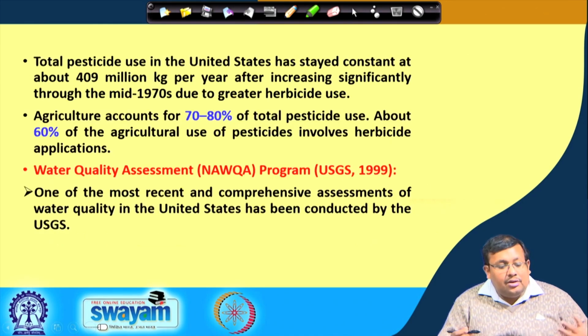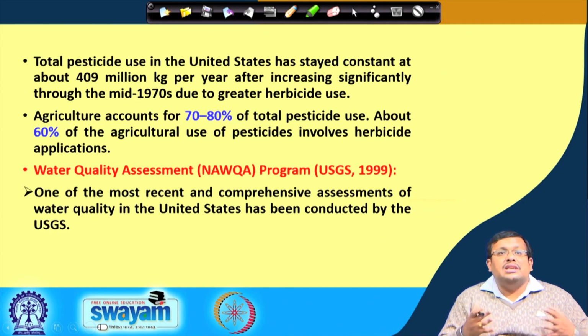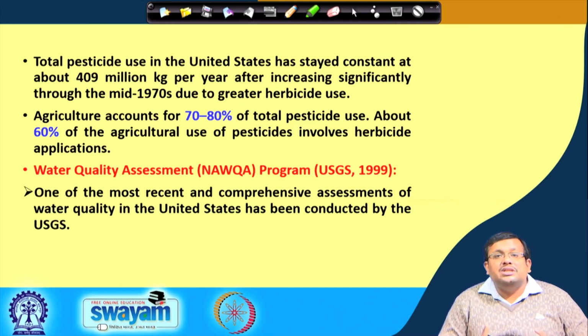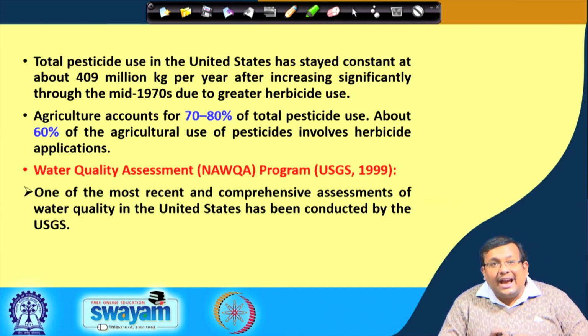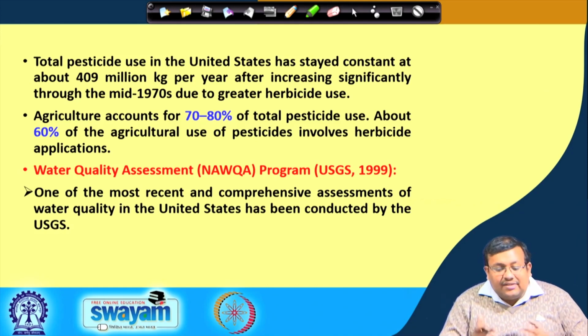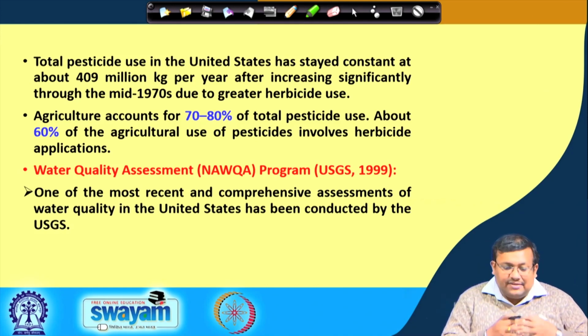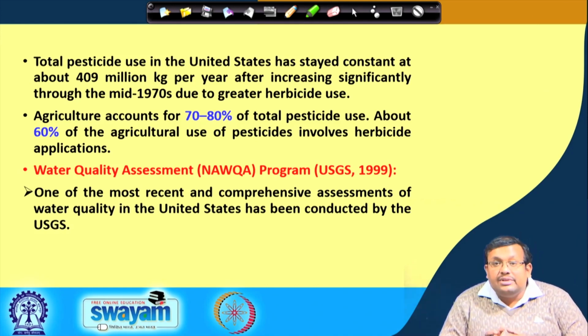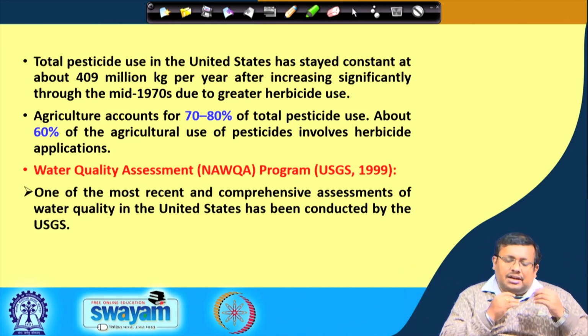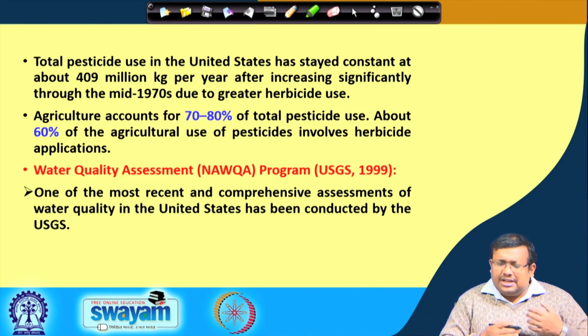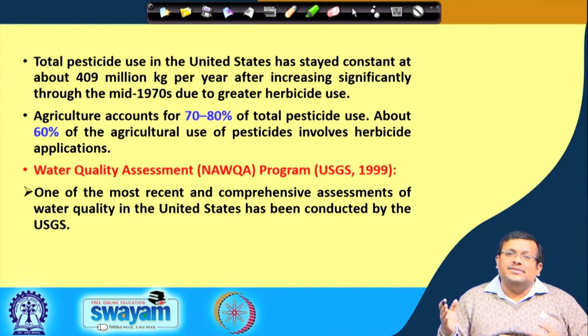So, if you see the total pesticide use in United States, it has stayed constant at about 409 million kgs per year after increasing significantly through the mid 70s due to greater herbicide use. So, the use of herbicides has continuously increased after 1970s.